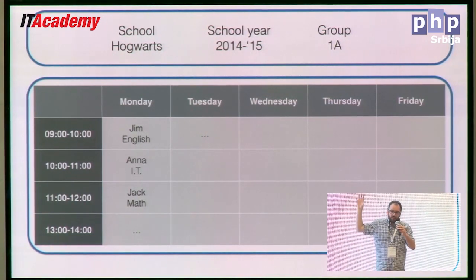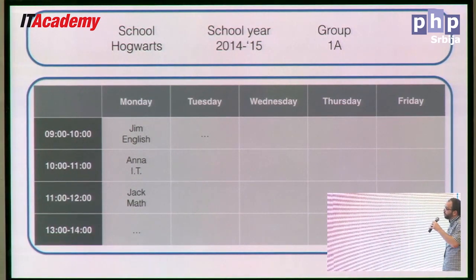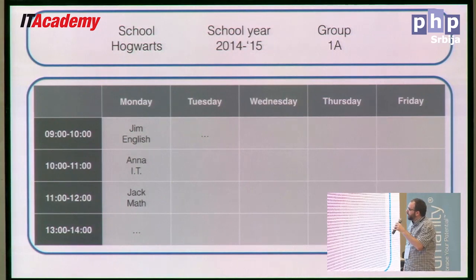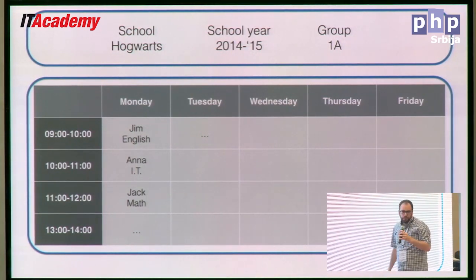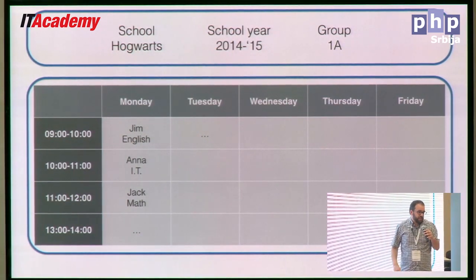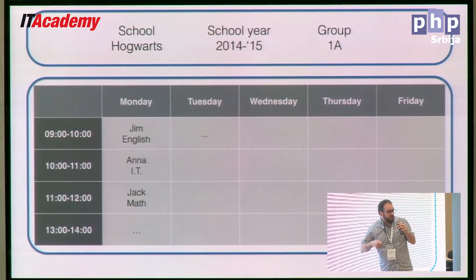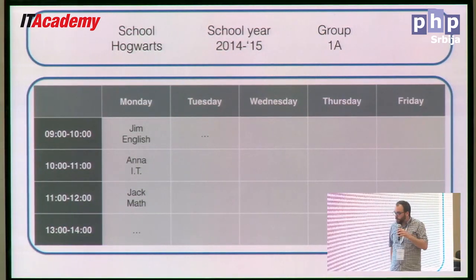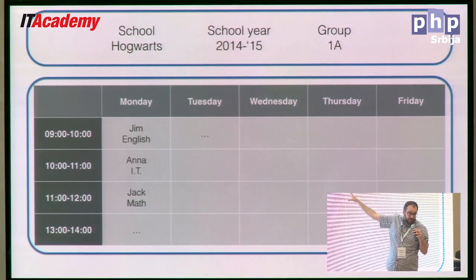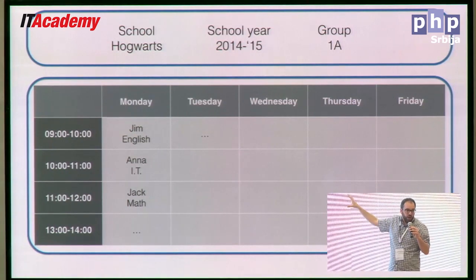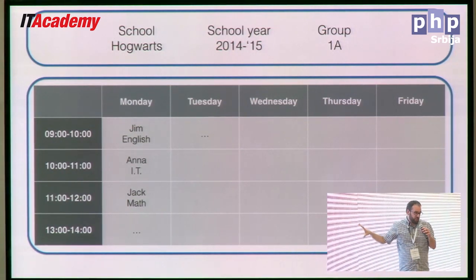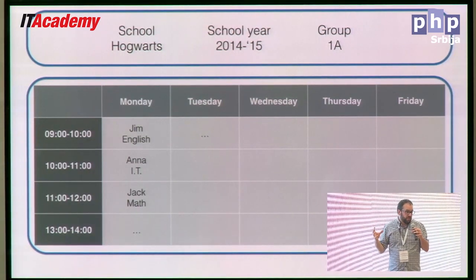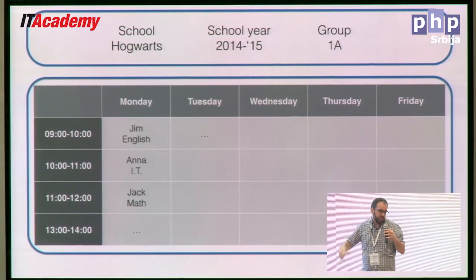So these things, the top things, I'm not sure how we could name that one. Let's say it's a school and a school year and a group, so maybe just call it group identity or something, because it's not just the group label, it's not just 1A, but it's this very specific group in this school year in this school. So for this specific group in a school year in a school, we have this specific lesson schedule, right? So these are also two value objects, very complex. Well, they're still very simple, really, if you look at them.